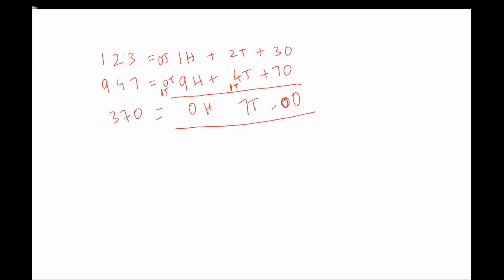Now when we try to do the same stuff in binary, let's say 1010. You know the place values, right? This is 2 cube, 2 square, 2 power 1, and 2 power 0.